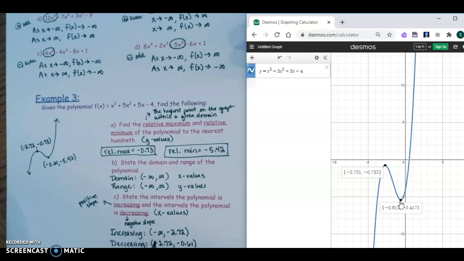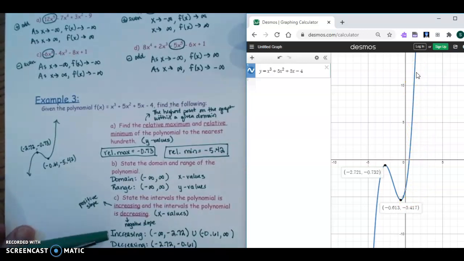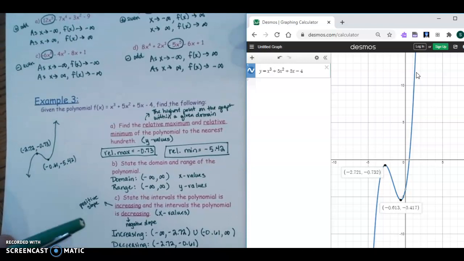And then I have this turning point again, and I have positive slope again, or I'm going up a hill again. So the x value, we're going to put union and. So x value at my turning point again is negative 0.61, and then that will go to positive infinity. So 2 places for increasing.